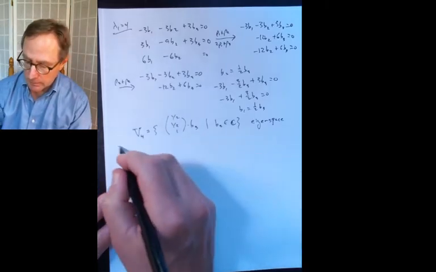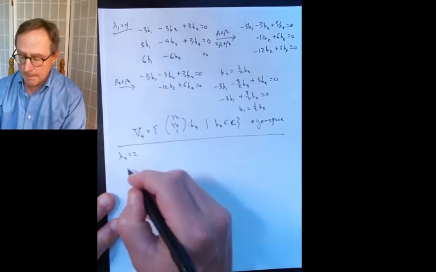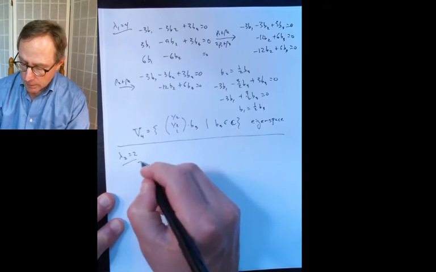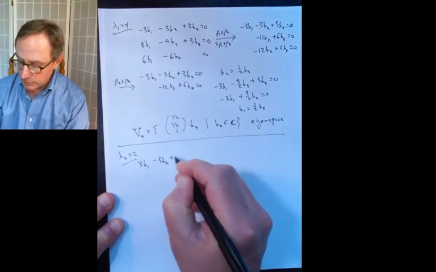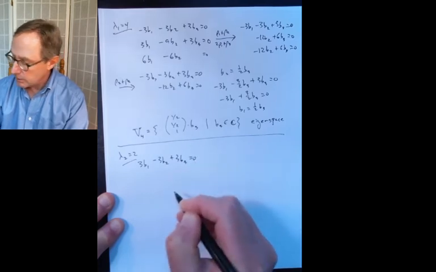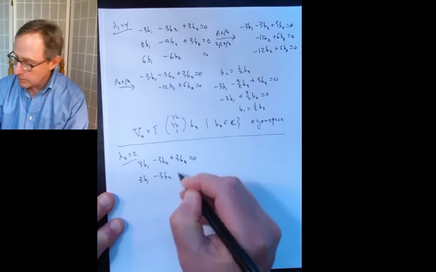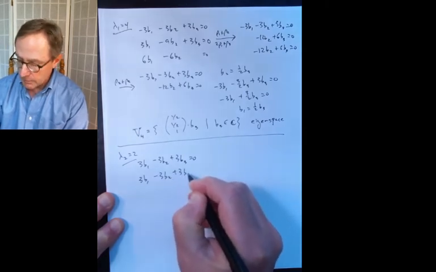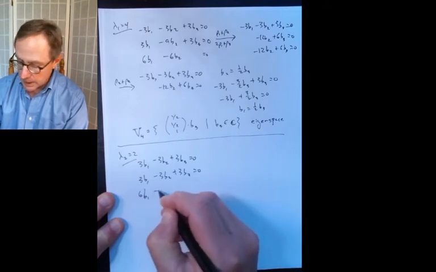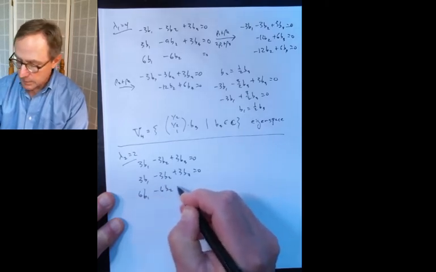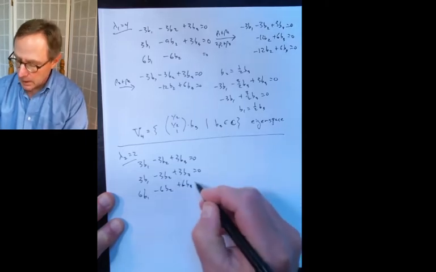And then finally, maybe I'll put a line there, if I look at lambda 2 equals minus 2, then I get 3b1 minus 3b2 plus 3b3 equals 0, 6b1 minus 6b2 plus 6b3, sorry about the handwriting, equals 0.